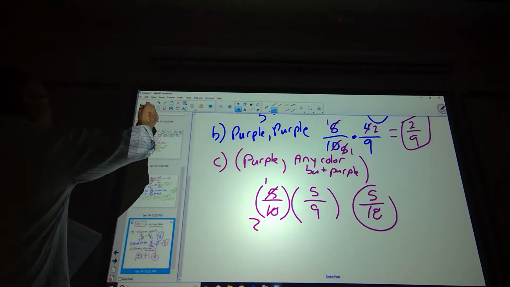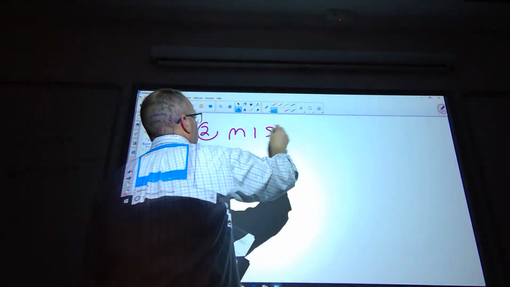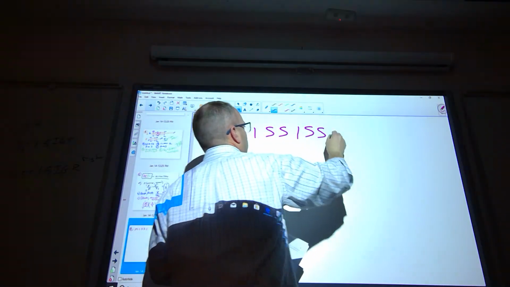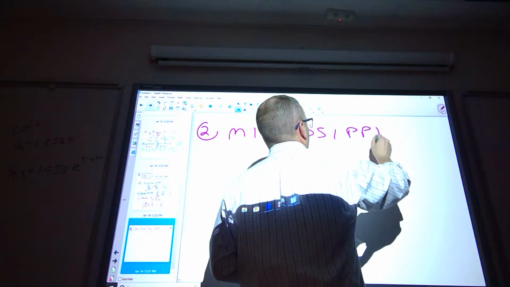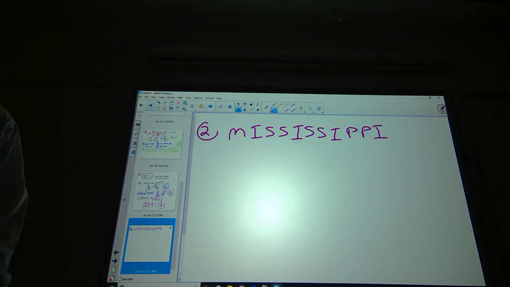Number 2. Mississippi. Let's face it, Mississippi, that's a fun state to spell, right? So it says the letters from the word Mississippi are placed in a bowl. Which letter is the least likely to be picked?